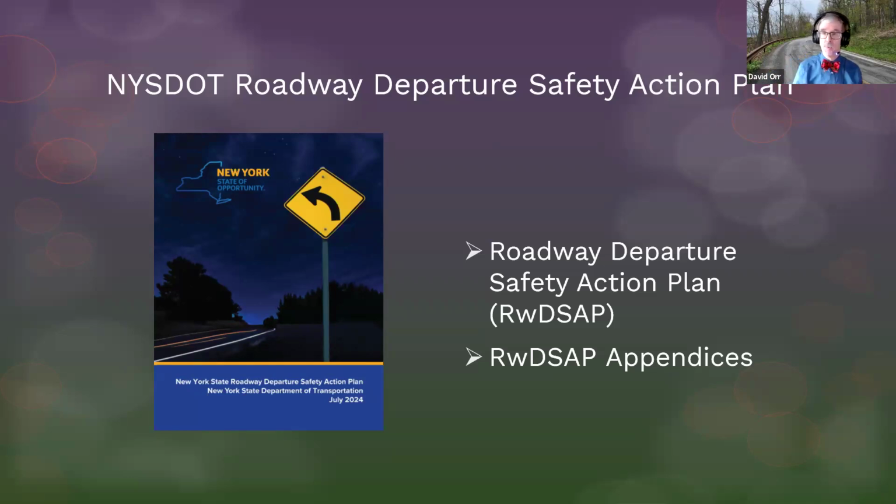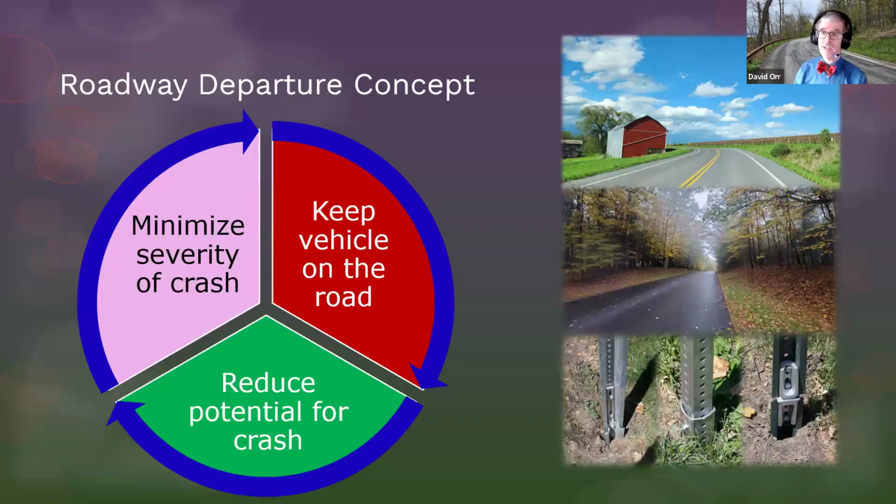Now, the concept for the roadway departure is simple. We start by keeping vehicles on the road with good countermeasures such as traffic lines and delineation and things like that. We reduce the potential for a crash by making sure that if someone does go off, they can safely get back on the road and don't hit an object, so we have good clear zones and maybe a safety edge.